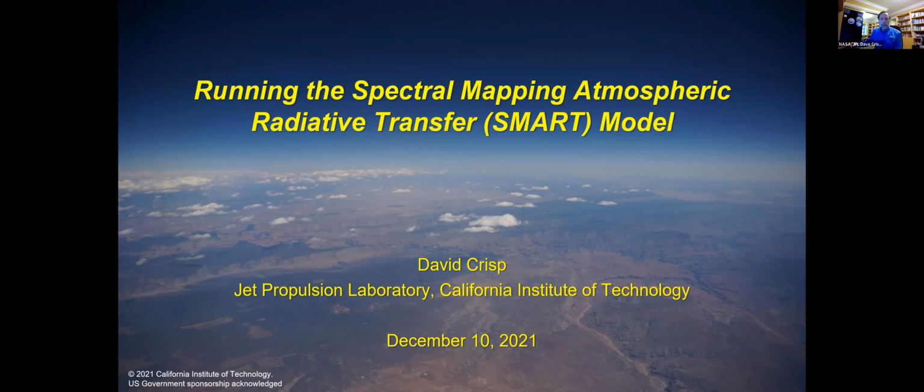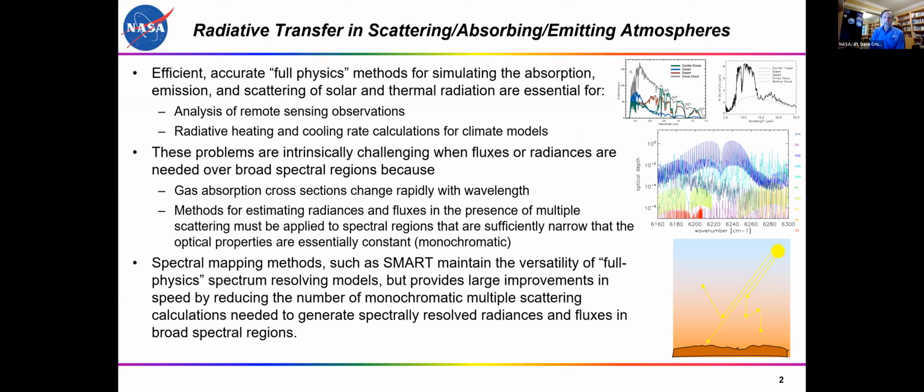Okay, we're going to be talking about this model called SMART that everybody knows about. SMART stands for Spectral Mapping Atmospheric Radiative Transfer, and you'll see what that means as we run through this. The basic idea of this model is to generate radiant spectra for realistic scattering, absorbing, emitting planetary atmospheres.